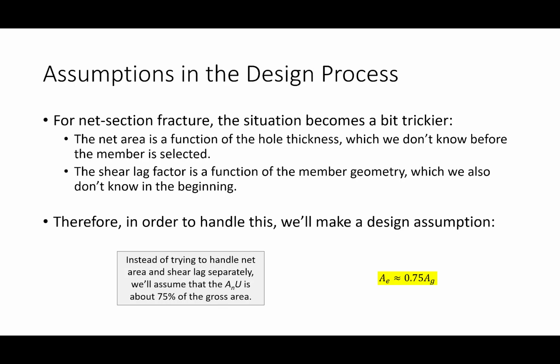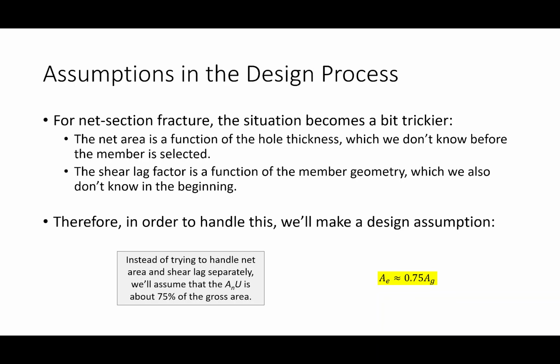Okay? That is a guess. I'm being totally candid here. That is a guess. That is an educated guess, but it is a guess. So we've got to guess something. This is a reasonable assumption.